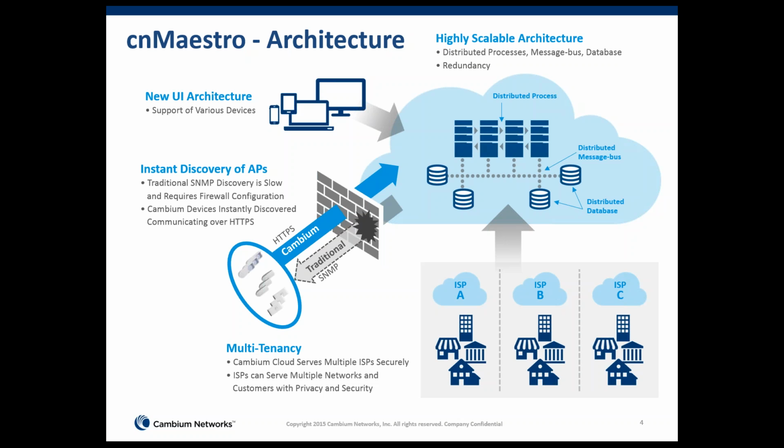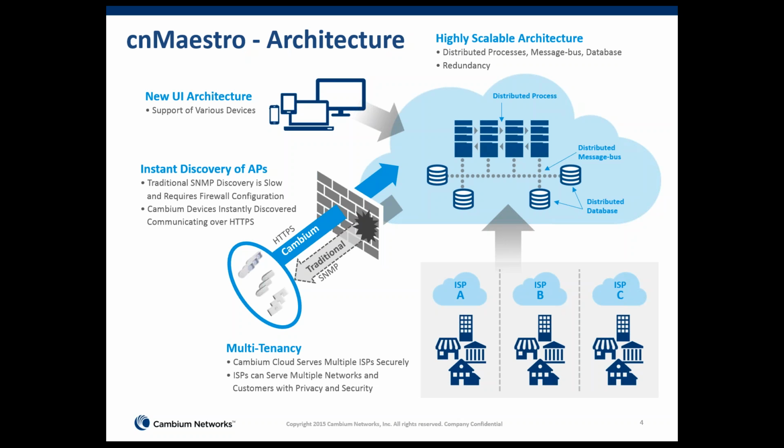This next slide gives an idea of some of the benefits of the architecture of this management system. Towards the left side, it shows some devices and a brick wall, and then the cloud. What this is trying to point out is that in traditional management systems, SNMP is used to query devices for their status and to get statistics. In cnMaestro, it works quite the opposite.